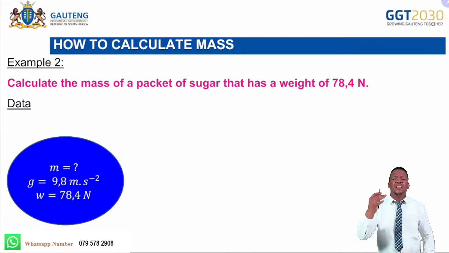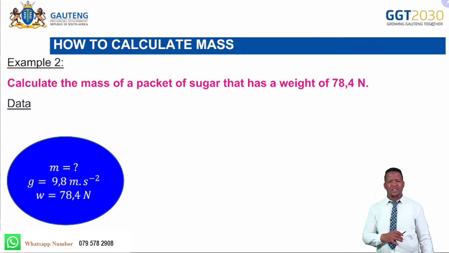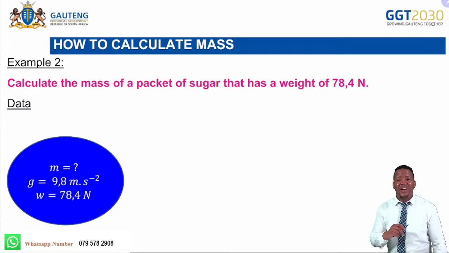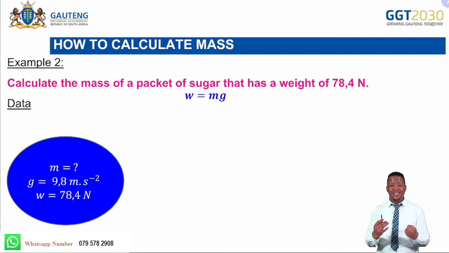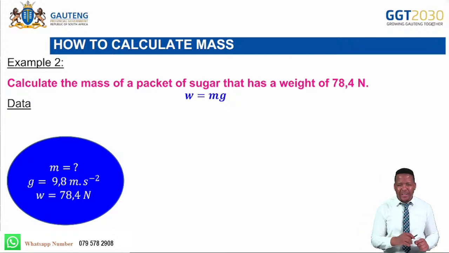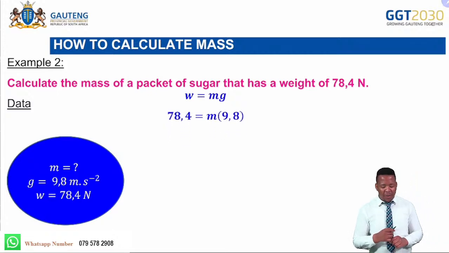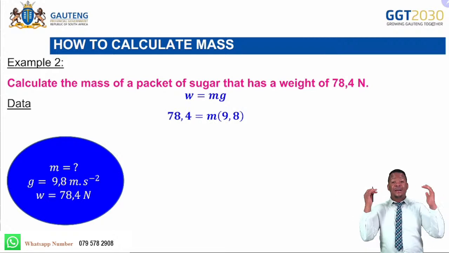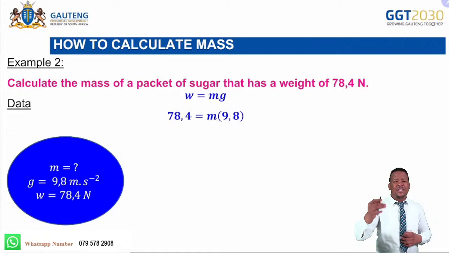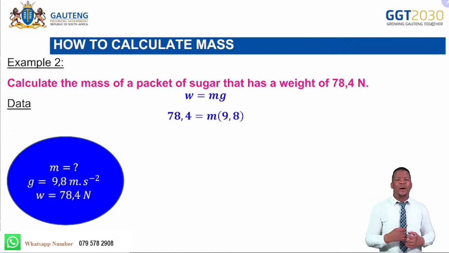Do we know the weight of that sugar? Yes, 78.4 newtons. So to calculate, we use our formula where weight is equal to mass multiplied by gravity, but here we are looking for mass. Let's substitute our values. Our weight, 78.4, and the mass we don't know, so it remains letter M, and the gravitational acceleration on Earth, 9.8.